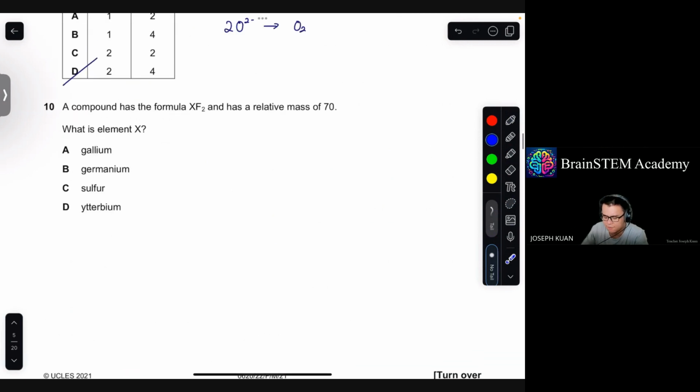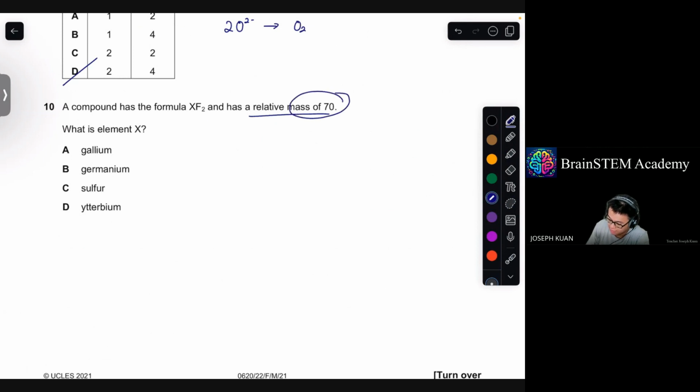A compound has the formula XF2 and has a relative mass of 70. What is element X? Now, mass is contributed by the atoms, right?